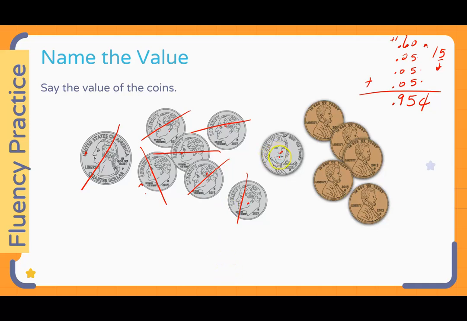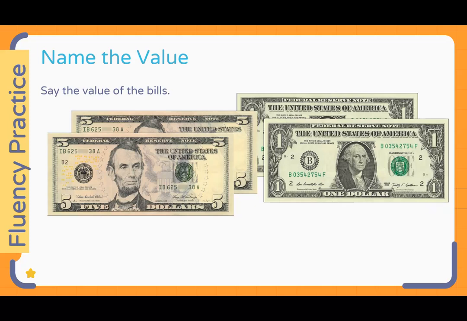Now I'm counting by 5s, 85, 90. I'm counting by 1s, 91, 92, 93, 94, 95. 95 cents. Those are the two different ways you could have done it. Now the bills. We have a $5 bill, $5 bill, $1 bill, $1 bill. 5, 5 is 10, 1, 11, 12. $12.